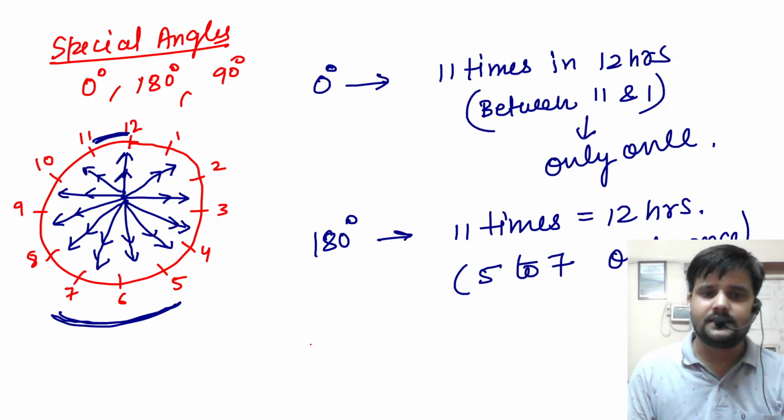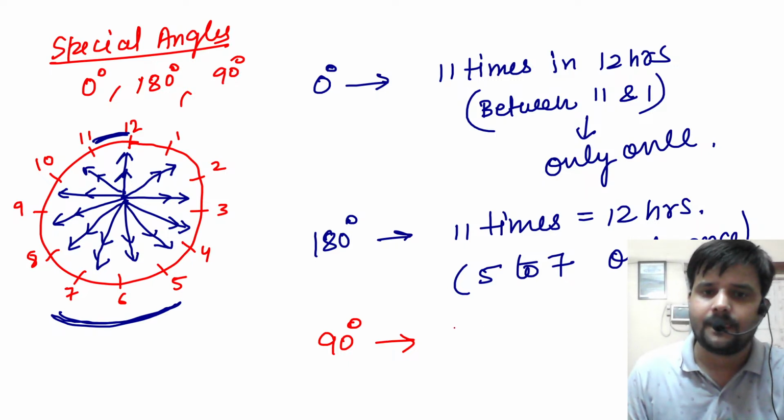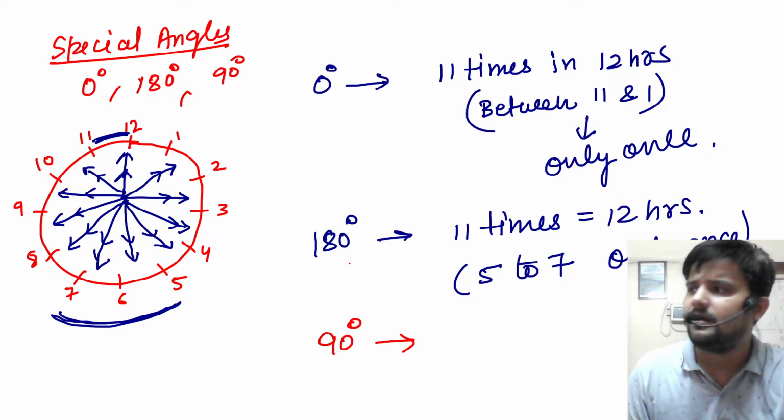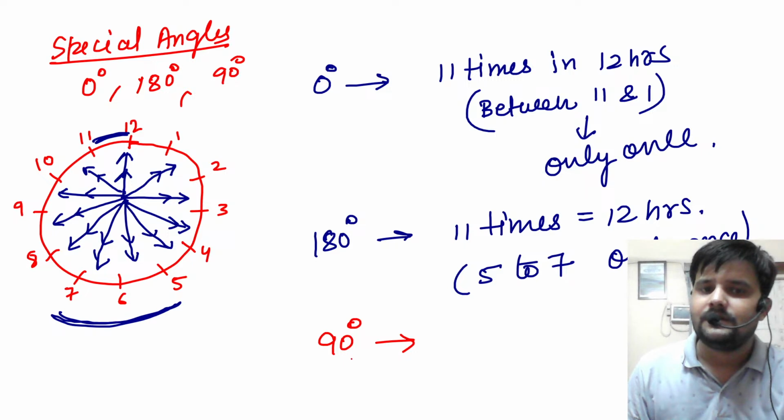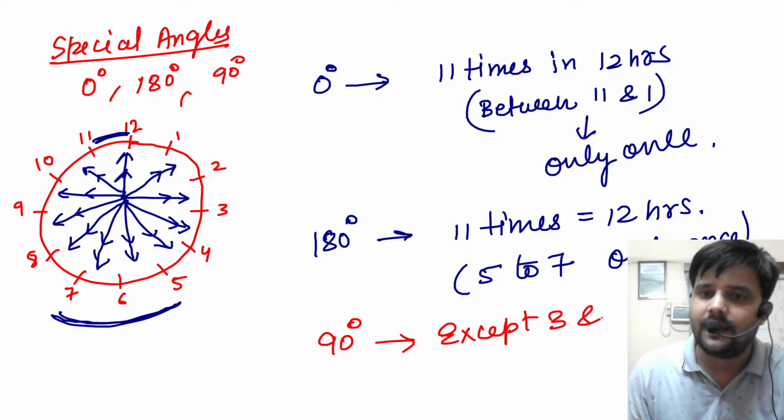Now the third angle is 90 degree. Except for 0 and 180, every angle is formed twice in an hour. It is true for 90 also, but except at 3 and 9, 90 degree is formed 2 times every hour.